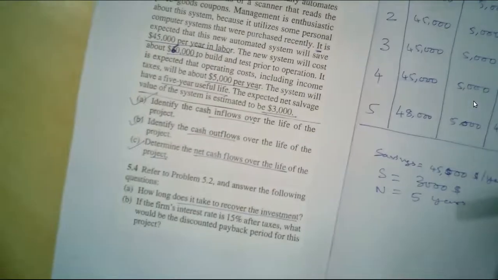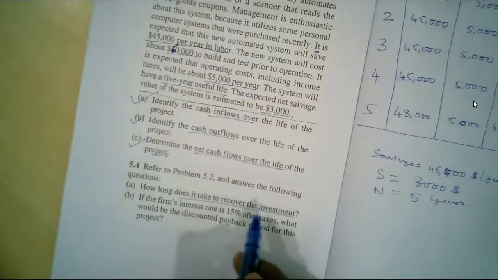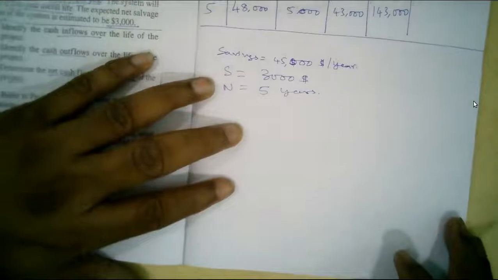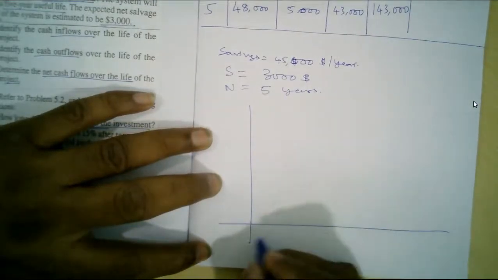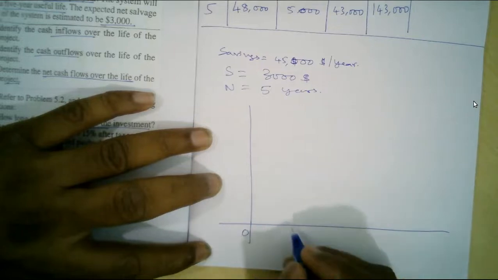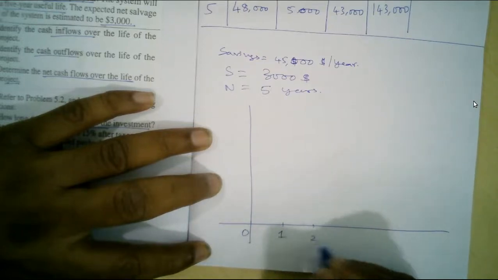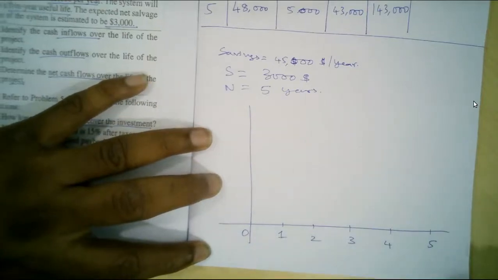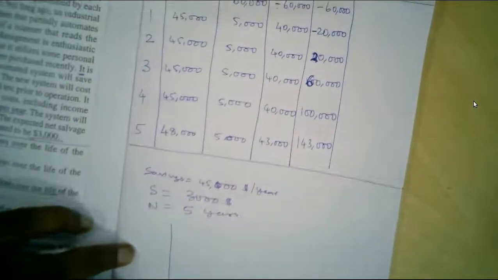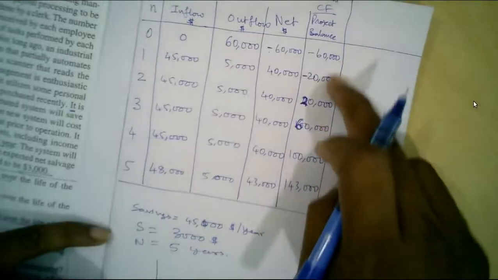So now what we need to do is recovering the investment, right? So payback period. So we need to make a small chart. I'll show the chart here. So we can consider this as 0, 1, 2, 3, 4, and 5. And you need to make the step chart for this one.